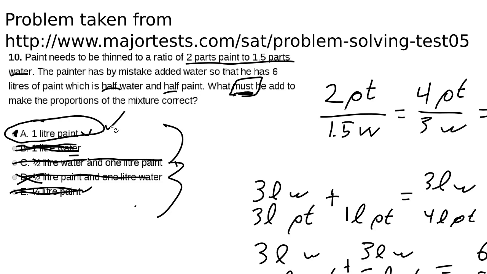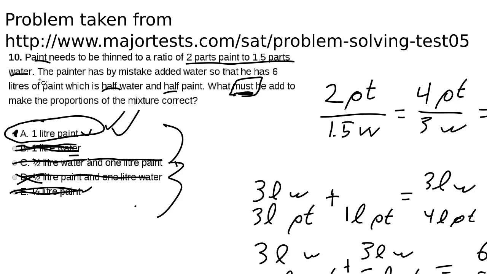So this isn't the only way he could, unless I've got to go back and read and there's something else I'm missing. Paint needs to be thinned to a ratio of 2 parts paint to 1.5 parts water. The painter has by mistake added too much water. I'm putting in my own words here. He watered it down too much so that he has 6 liters of paint, which is half water and half paint, and they're being a bit ambiguous here.